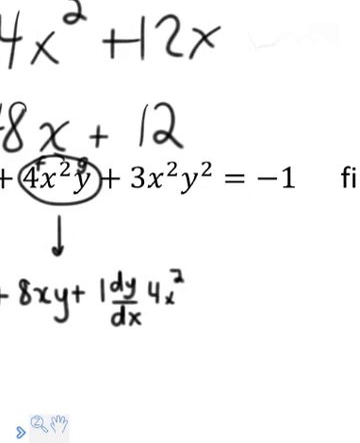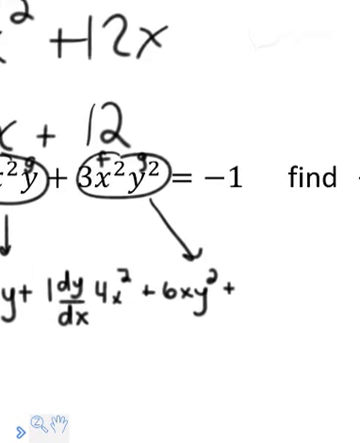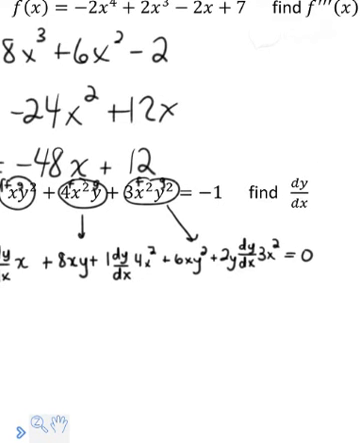Okay. And then another product rule here, because we have 3x squared times y squared. So if we have another f and g, f prime becomes 6x, so f prime g plus g prime, which is 2y dy dx, g prime times f equals the derivative of negative 1, which is 0.